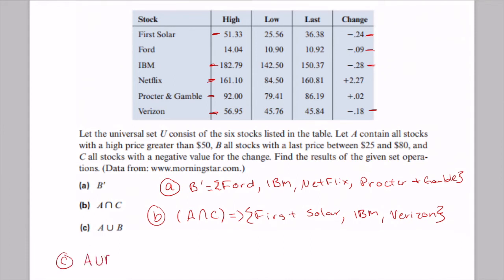Now we're going to do A union B. So this is A. We need to do B again. B was all stocks with a price between 25 and 80, so that would be this one and that one. So this is a union, so it's pretty much everything that applies to either one or the other.